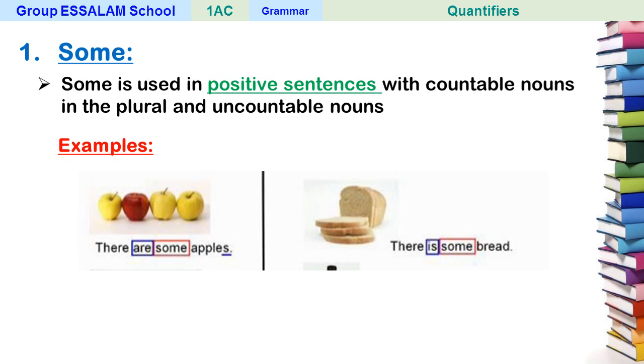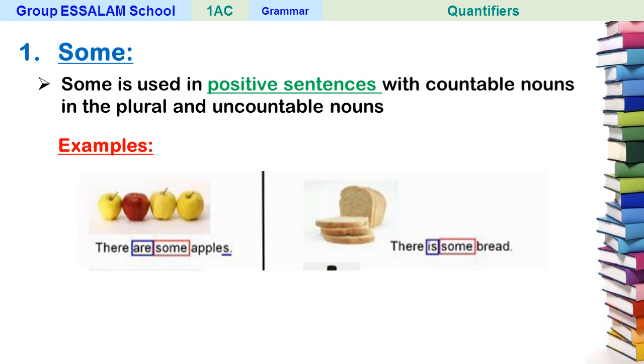So look at these 2 pictures. The first picture we have, there are some apples. Apples is a countable noun. Yes or no? Here are apples. So we have 4 apples in the picture, and that's why we said apples with the S, because this countable noun is in the plural.